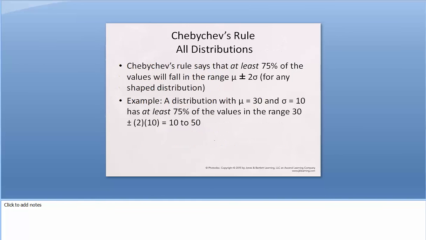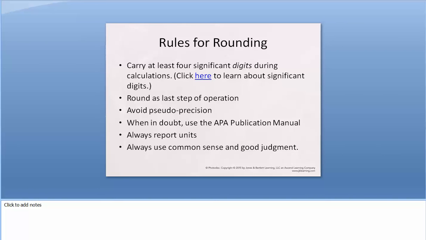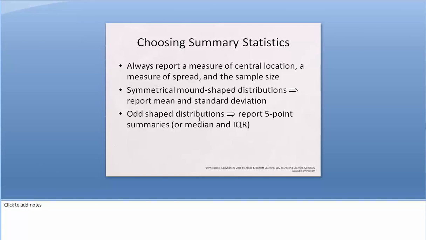Now, the next one is Chebyshev's rule. Chebyshev's rule applies to any distribution, but let's not worry about that. We don't really need it. This is a good way to report summary statistics for a data set.